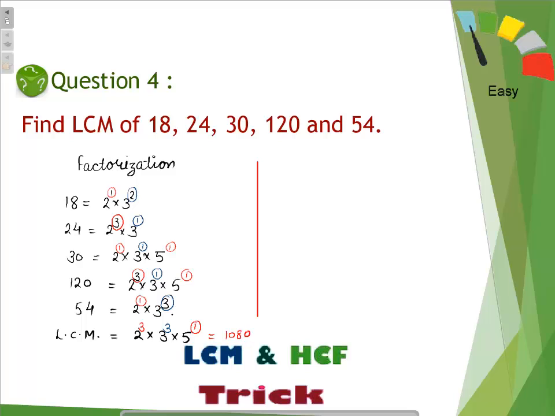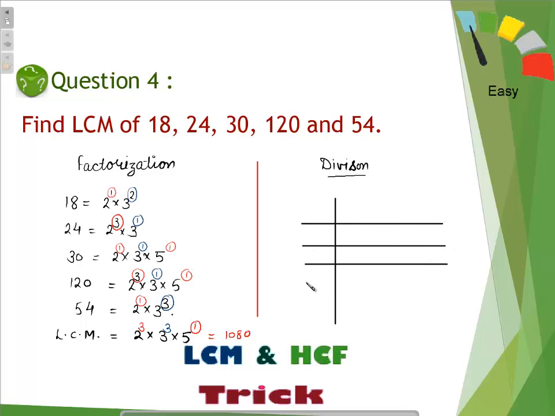Okay, now we will find the least common multiple by the division method. In the division method, we will write all these numbers: 18, 24, 30, 120 and 54.